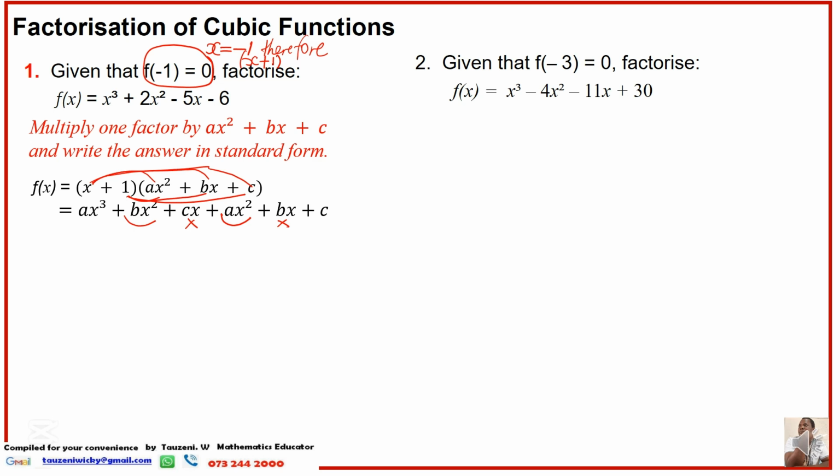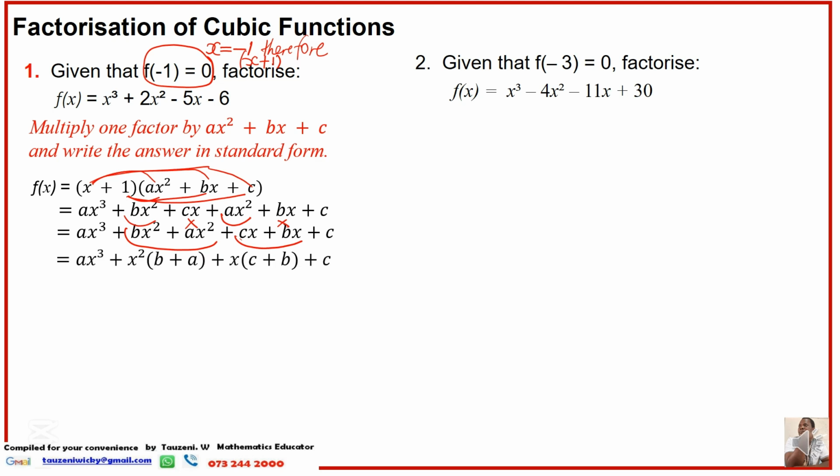The ones that contain x squared together and the ones that contain x together. Then from there, we use factorization. In these two terms, x squared is a common factor. In these two terms, x is a common factor. So we factor out x. After factoring out x, we can therefore go ahead and do our factorization.